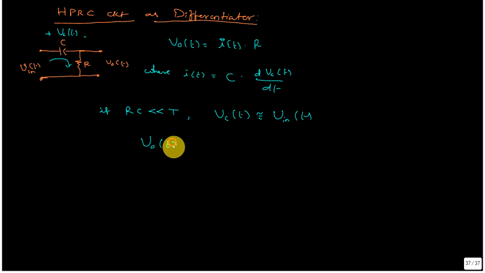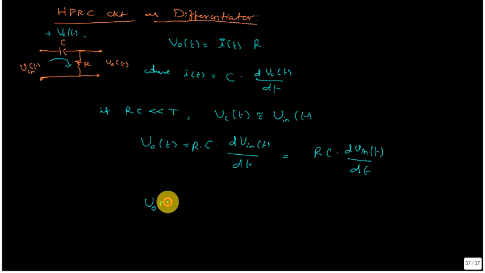So V0 of T, from the current equation, is C into dVc of T divided by dt, into R. Vc of T can be written as Vin of T, so this can be written as RC times dVin of T divided by dt.